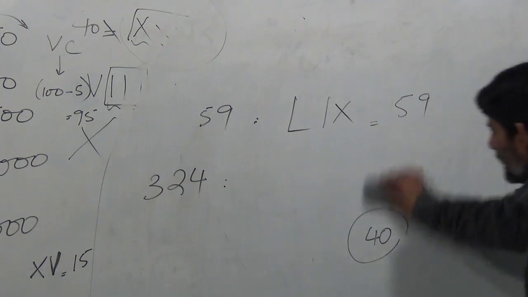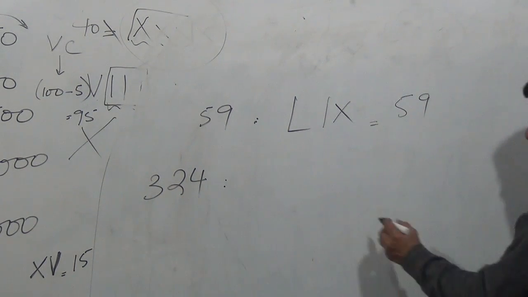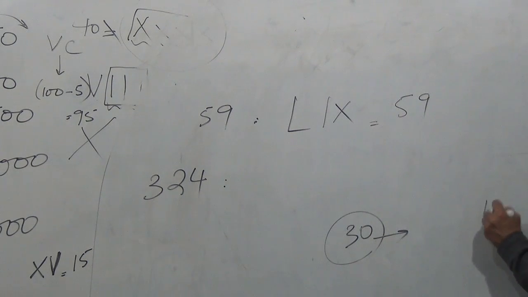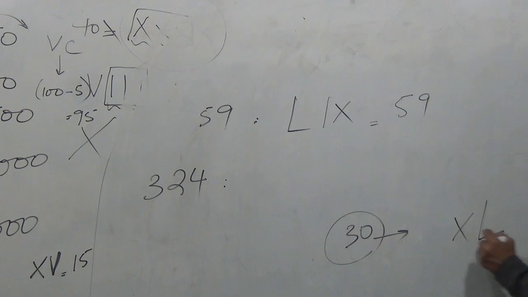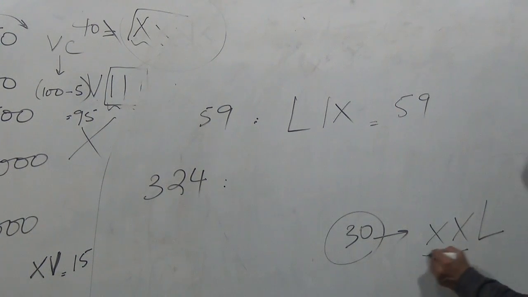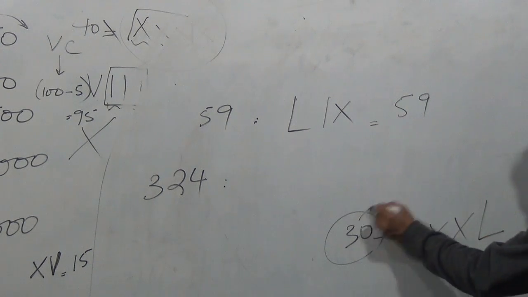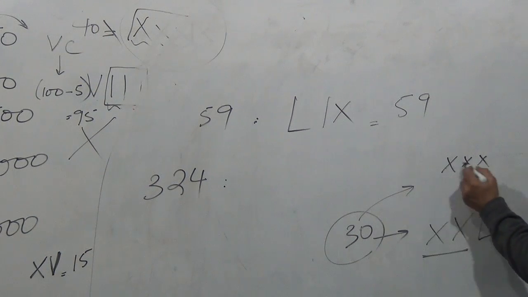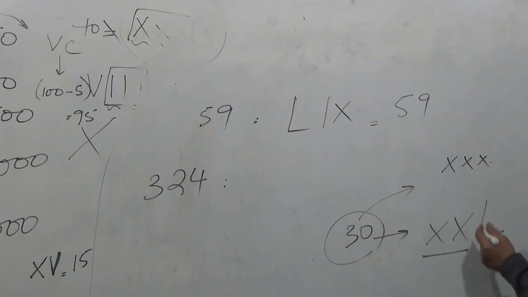If I wanted to write 30, I cannot say 50 minus 10, 40 minus 10. This subtraction can only happen once. So when I'm going to write 30, I have the choice of writing 10, 20, 30. It doesn't exceed more than 3. So only one subtraction allowed, not twice.